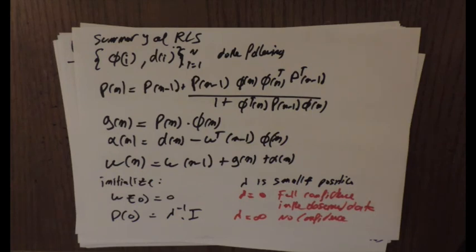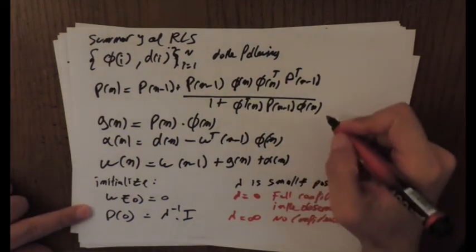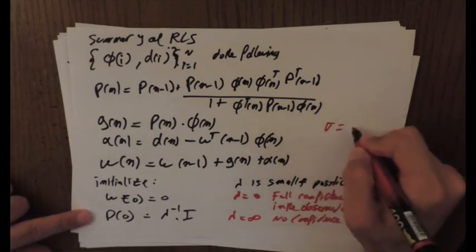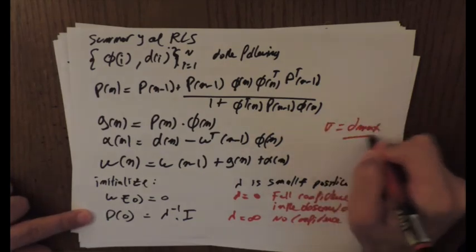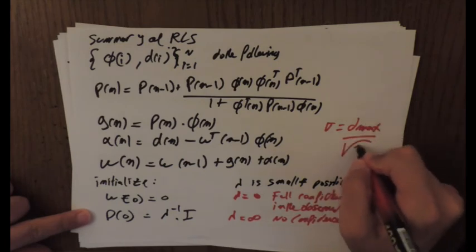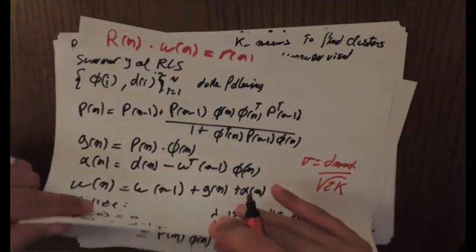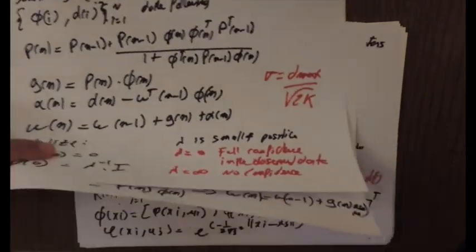Of course, the clusters are computed using unlabeled samples, and when we want to choose sigma for the phi function, we can use sigma as d max over square root of 2K. This sigma is used for the exponential function that we are using here.